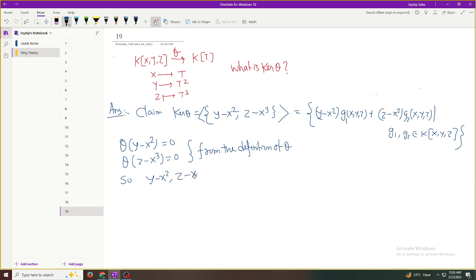The ideal generated by y minus x square and z minus x cube is a subset of the kernel of theta. Now conversely, take f(x,y,z) belonging to the kernel of theta.